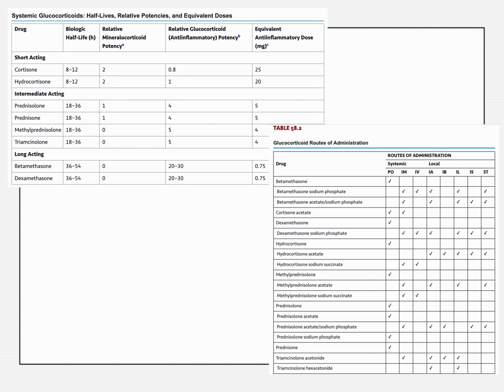I don't usually spend that much time on routes of administration during our pharmacology lectures, but I think that it's relatively important, at least to recognize which systemic glucocorticoids are short acting, immediate acting, and long acting. This is all depending on their biologic half life, also the potency, and not only the mineralocorticoid potency, but also the glucocorticoid potency.